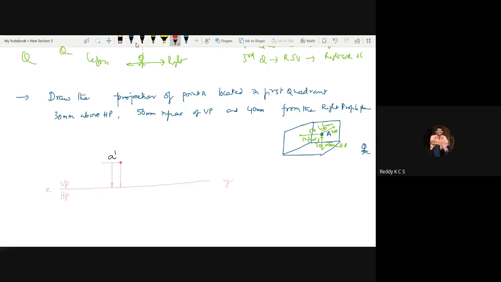Similarly, the top view is nothing but the in front of VP distance, which is given as 50 mm. I'll draw like this, the dimension of this is 50 mm.